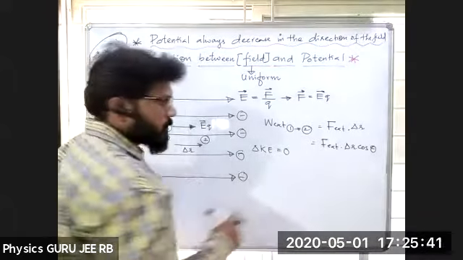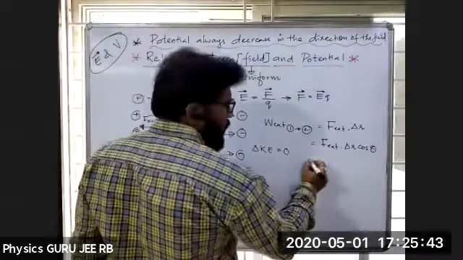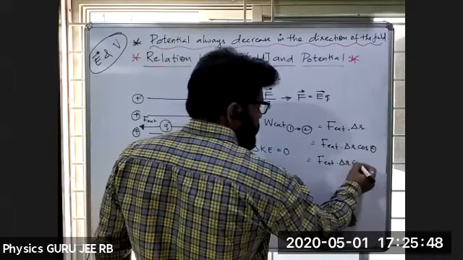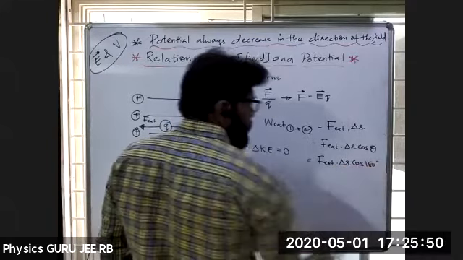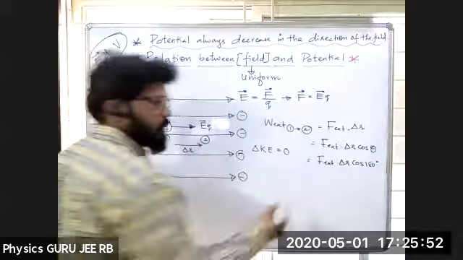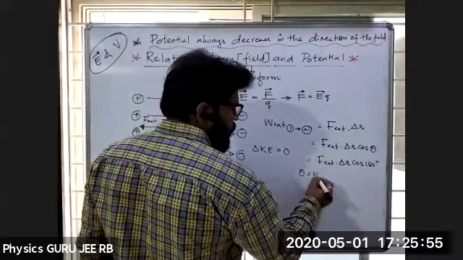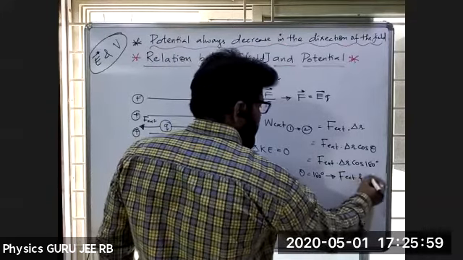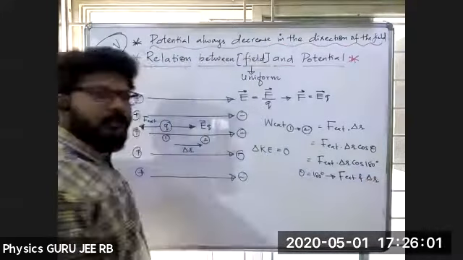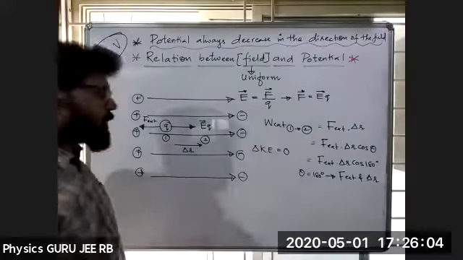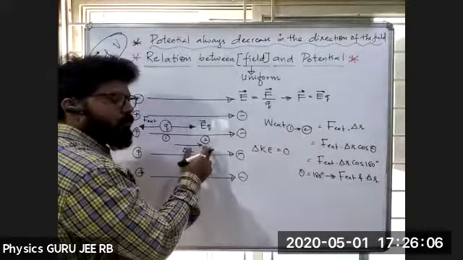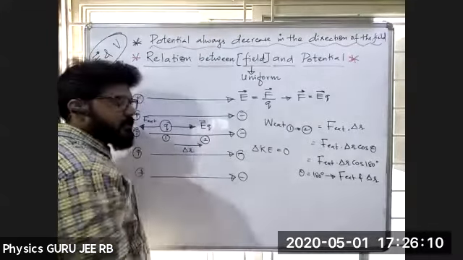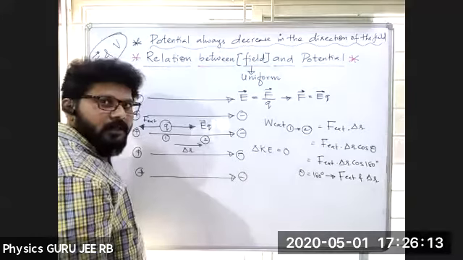So here, F external into delta R into cos of 180 degrees. 180 degrees is the angle between F external and delta R. Delta R is from 1 to 2, and F external is in the backward direction.